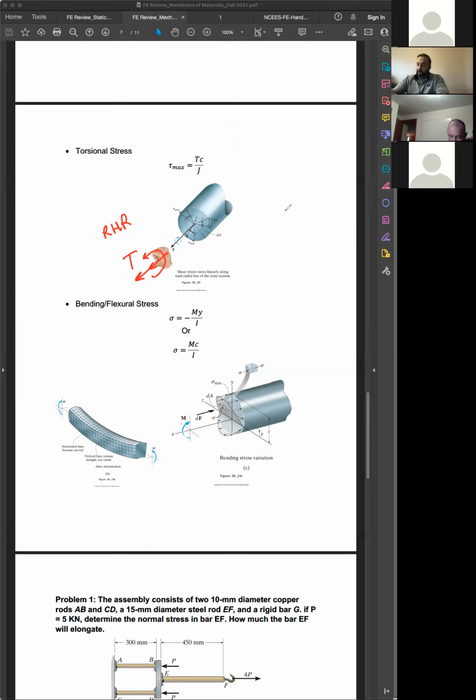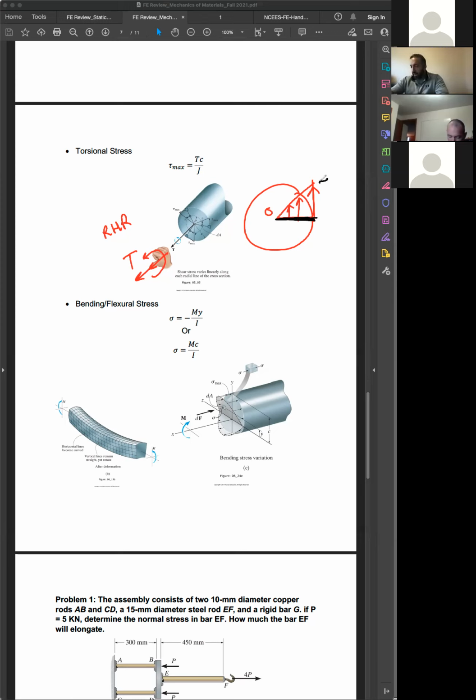Something we want to understand is that in one cross section, the shear stress as a result of torsion or torque would be maximum on the perimeter. All right.